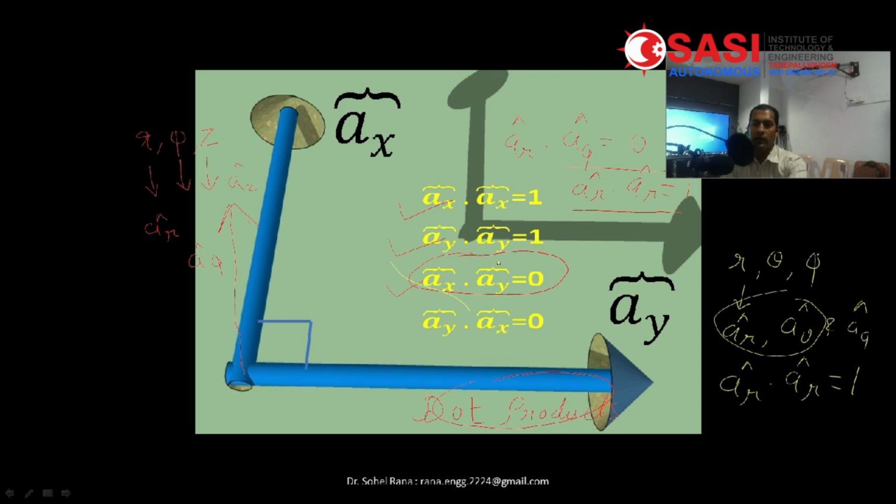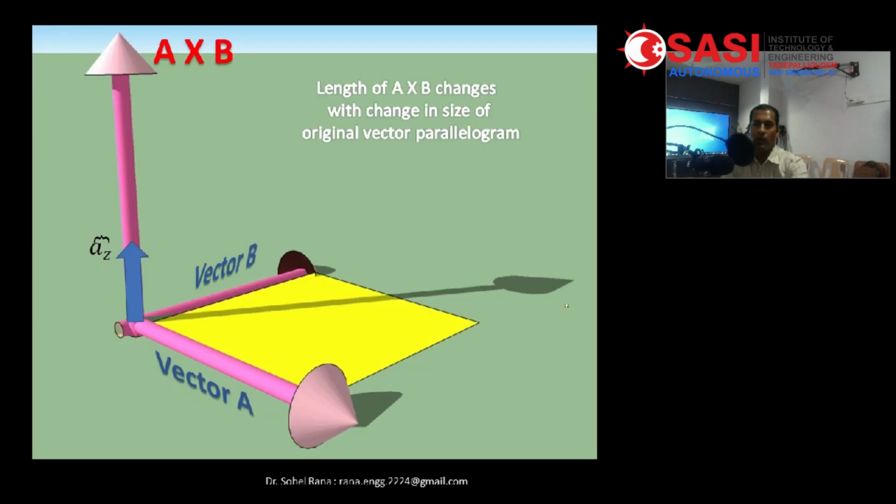So let us check the cross product rules for different unit directions. Here we will consider two vectors A and B. Their cross product is nothing but the third direction. Suppose vector B is going like this and vector A is going like this.